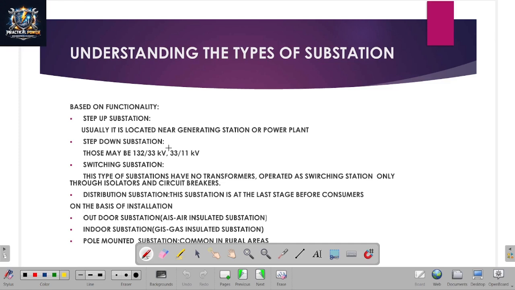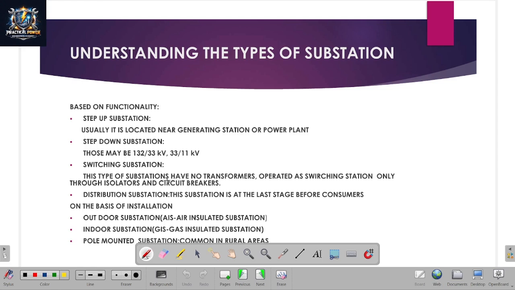And a step-down substation, for example a long transmission line carrying 132 kV power, where it is stepped down. And a switching substation, which is located at intermediate substations.